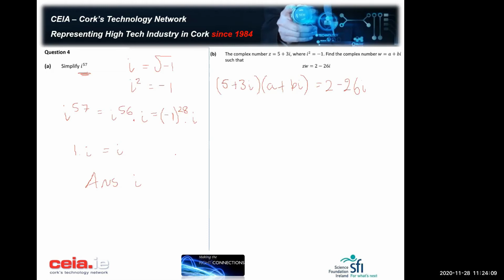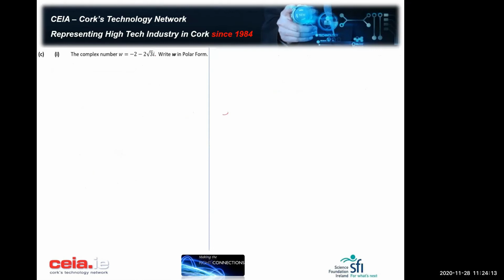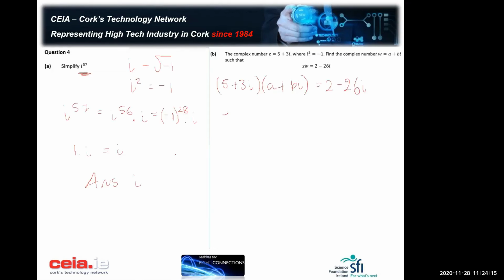So we multiply it out and see what we get. We get 5a plus 5bi plus 3ai minus 3b is equal to 2 minus 26i.